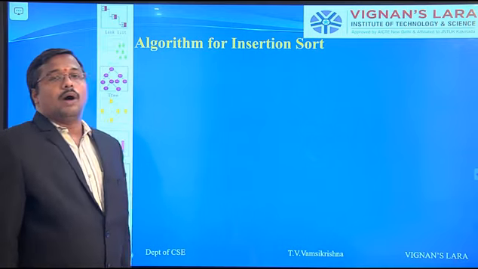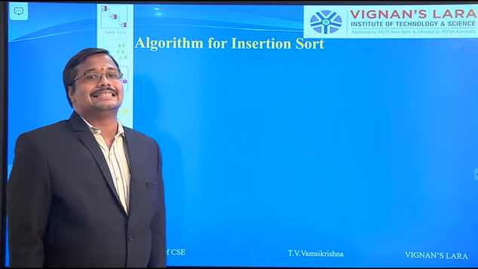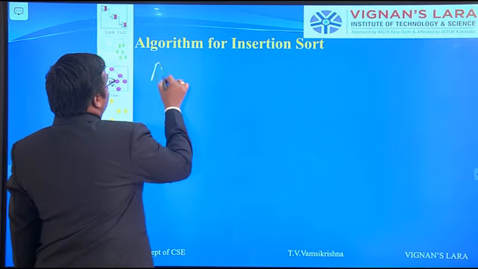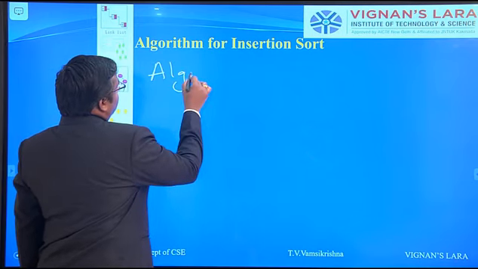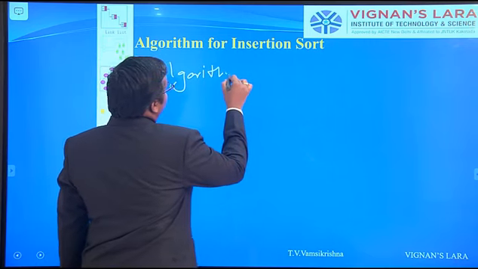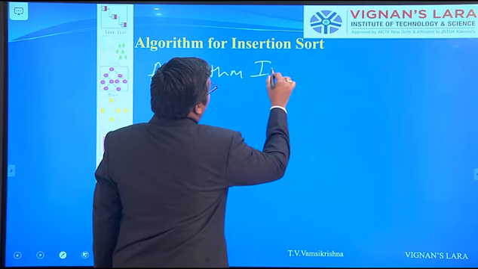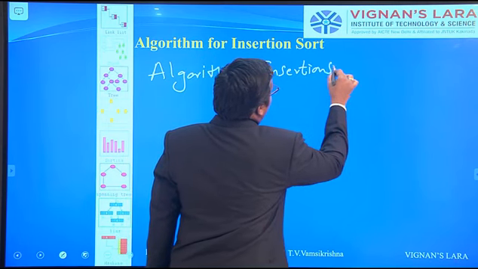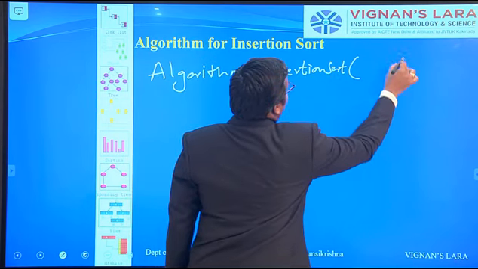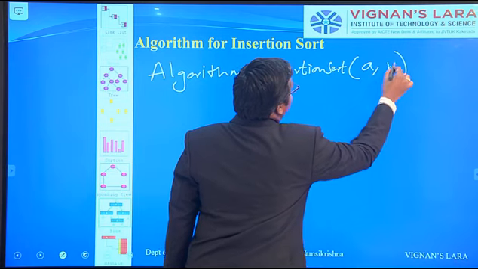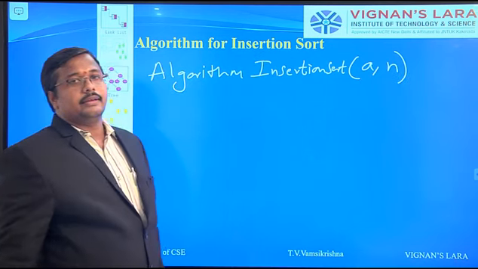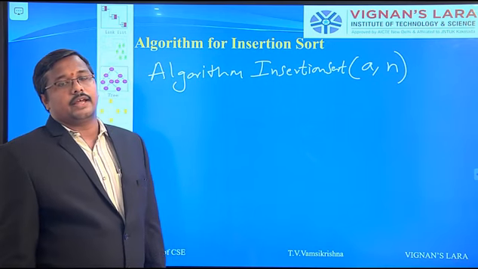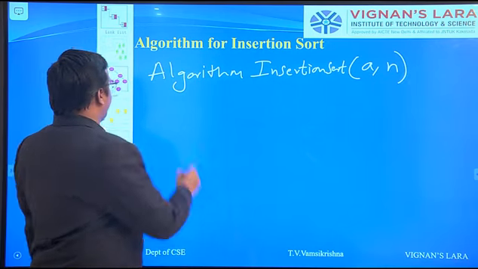And next, what is the algorithm for insertion sort? Algorithm insertion sort, and we need to pass 2 arguments. One is A, an array, and N is the size of the array.